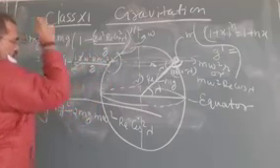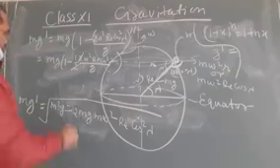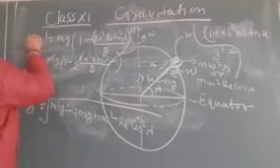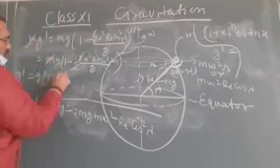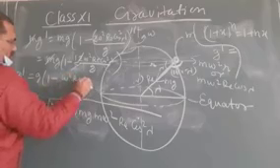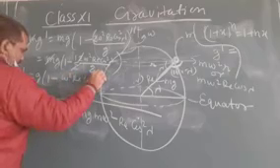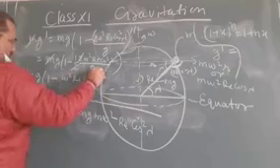The 2 cancels, m cancels, and g dash equals g times 1 minus omega square r cos square lambda by g.